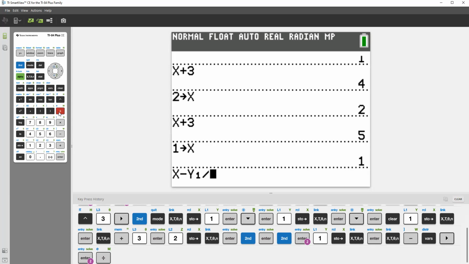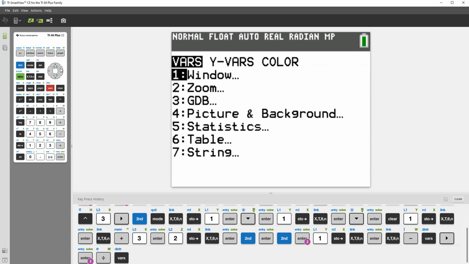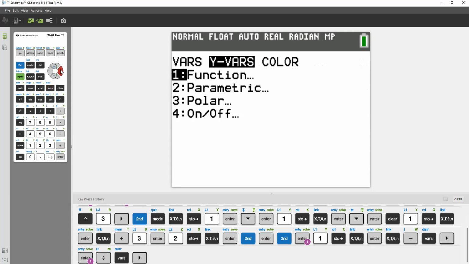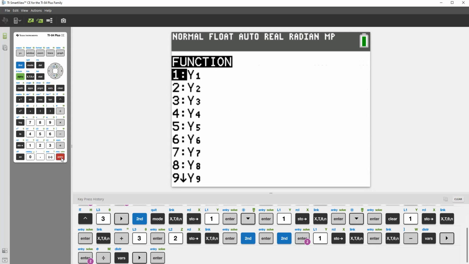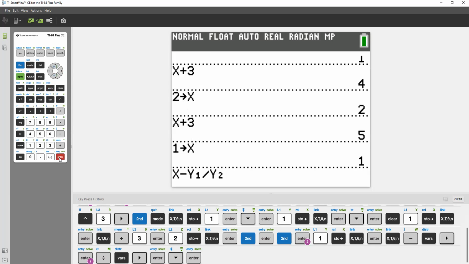y2. So here we go again. Variables. It's a y variable, so I use my arrow key to go to y variables. It's a function, so I just hit enter. And then I want to go down, or I could hit 2. I want y2 because that's where the derivative is. Now, don't hit enter yet, I'm going to get this answer, 1.309625.